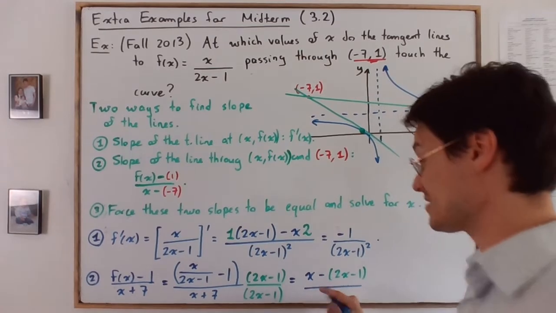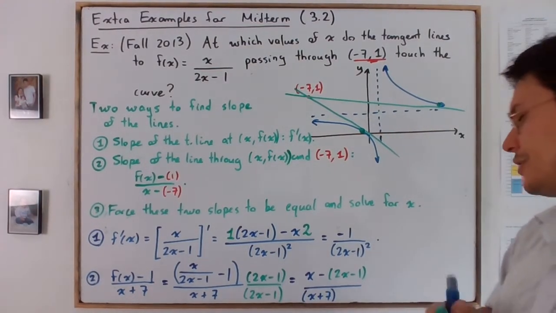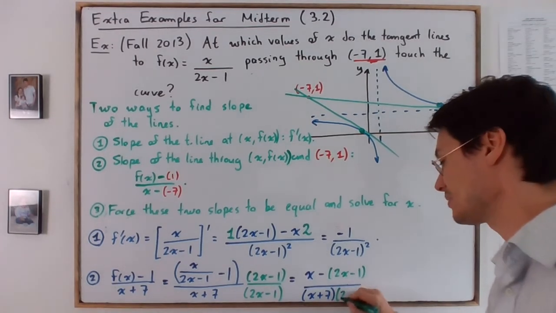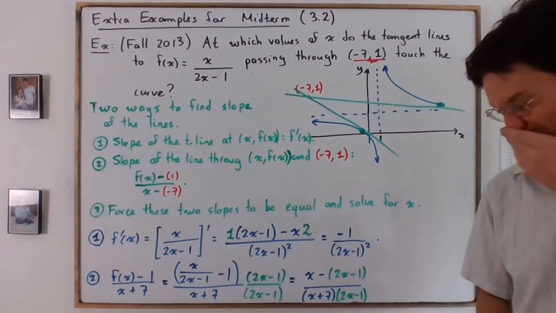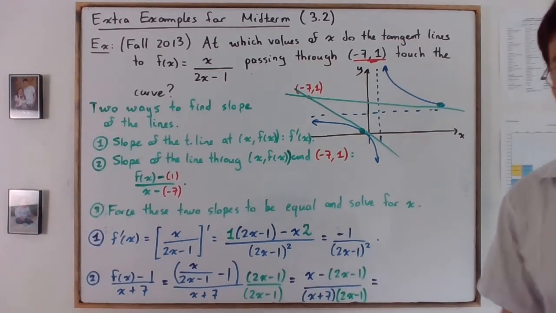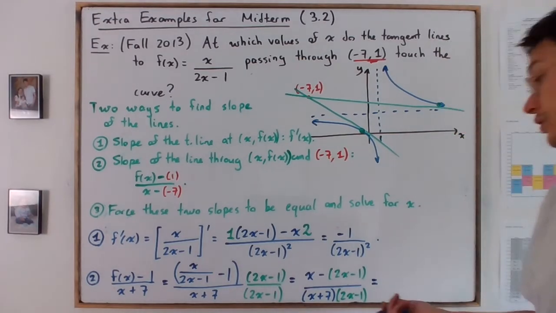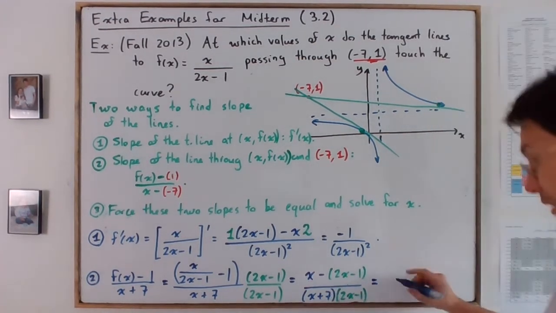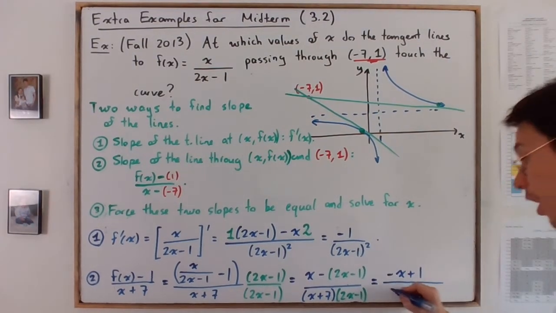And this is obviously over x plus 7 times the 2x minus 1 that you also multiply at the bottom. After that, obviously, simplifying the numerator will do it. Okay, so you will have here negative x plus 1 over all of that.